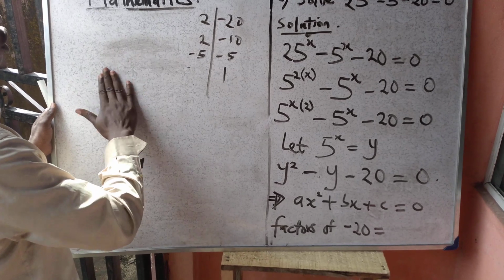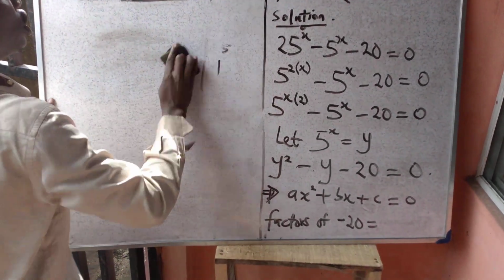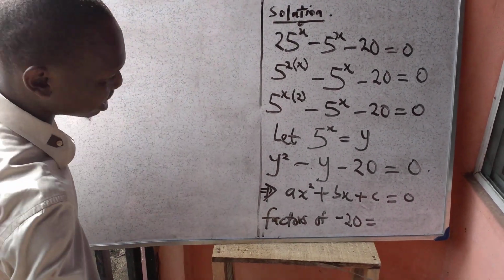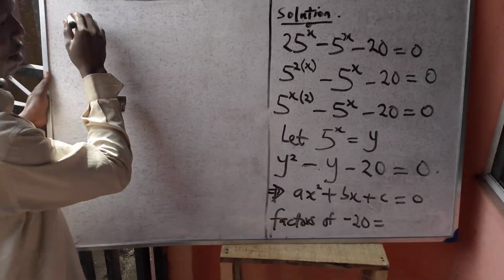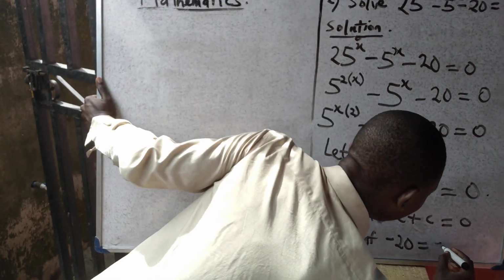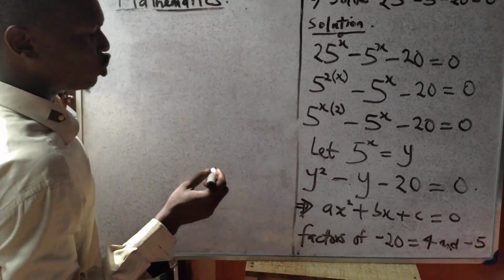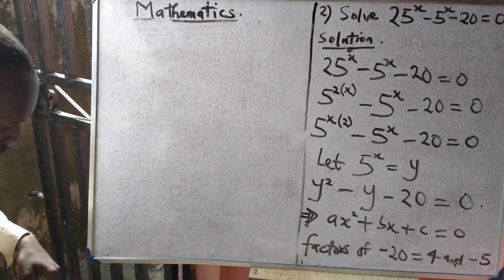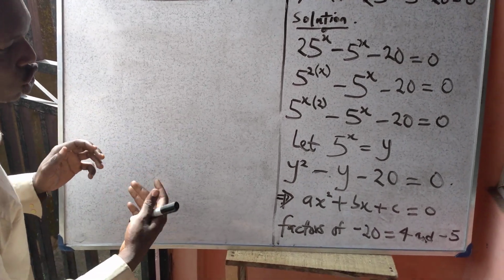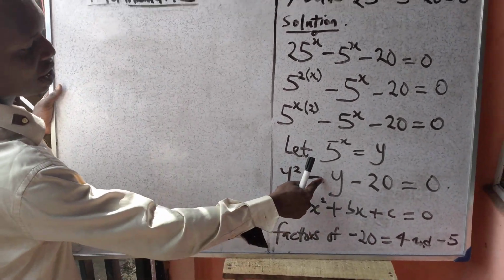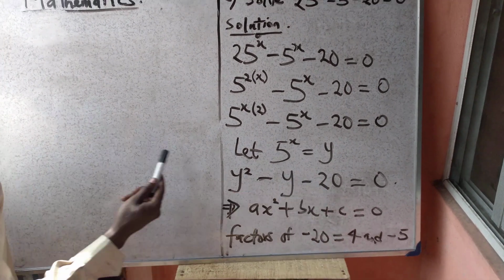The two factors are 4 and minus 5, such that when you add these two factors, you have the number in the middle, and when you multiply them, you have the number here.